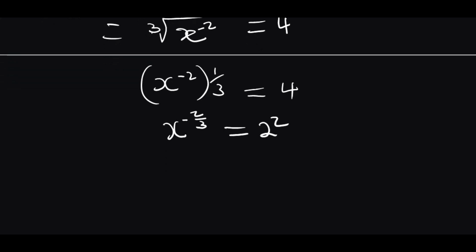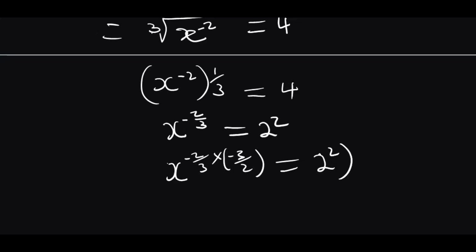Right. Now we will have x to the power negative 2 over 3. In order to eliminate this negative 2 over 3, we need to multiply by its reciprocal, which is negative 3 over 2. But we need to do that on both sides. Then here we will multiply the exponent by negative 3 over 2.